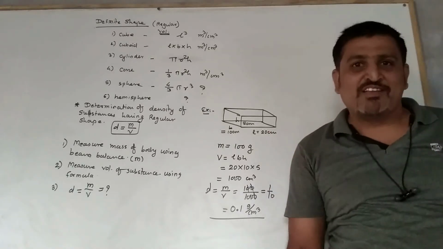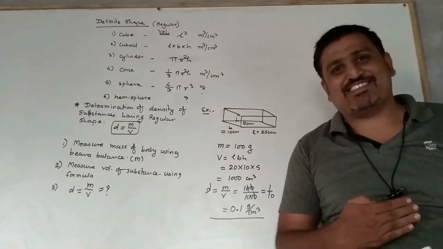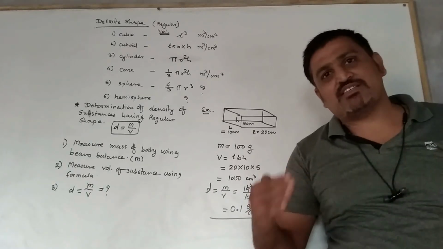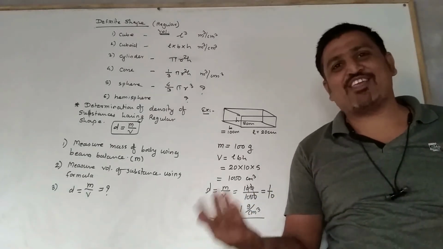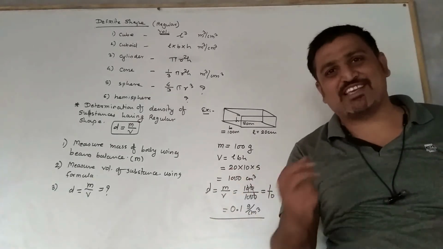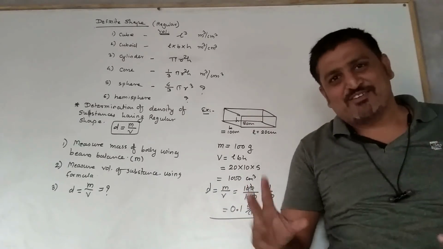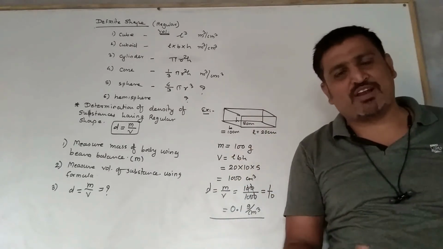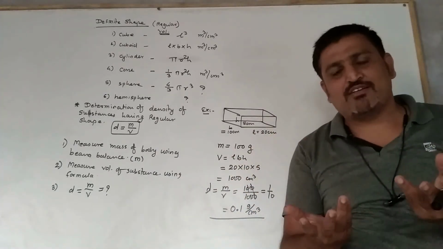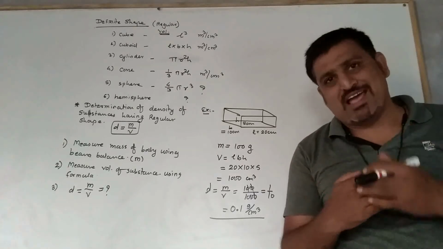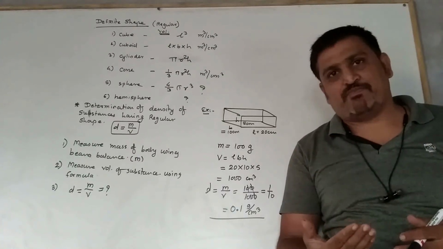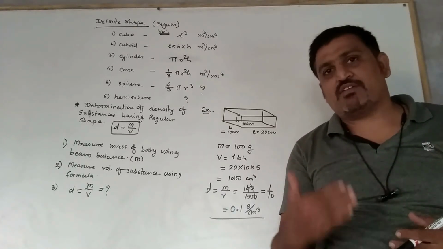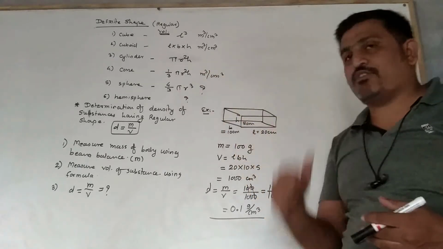Now, the question is, if the body is in irregular shape, means stone having no shape, कुछ भी अलग अलग तरीके के होते हैं, right? उसका कोई definite shape नहीं है. So if the body has a different shape, then how can we determine the density of the body?